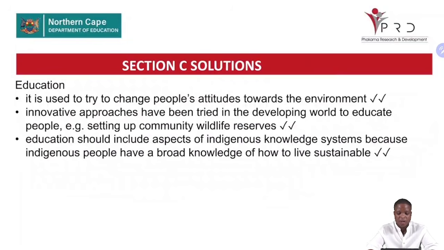Education should include aspects of the indigenous knowledge system because indigenous people have a broad knowledge of how to live sustainably. So through education, people's attitude changes, people take care of the environment, and we also need to include the aspect of our IKS, which is your indigenous knowledge system, because local and indigenous people know better ways to sustain the environment.